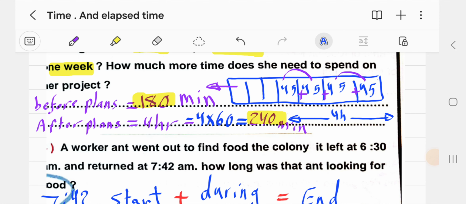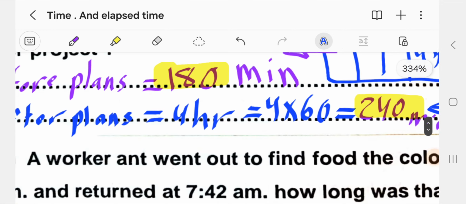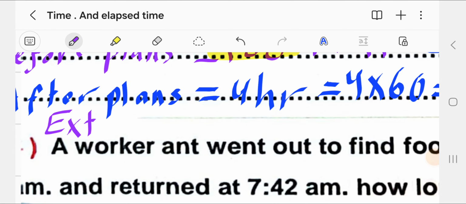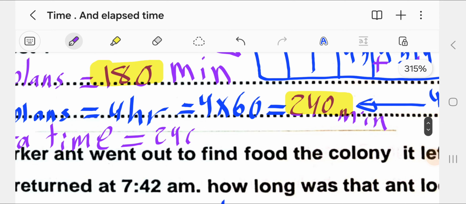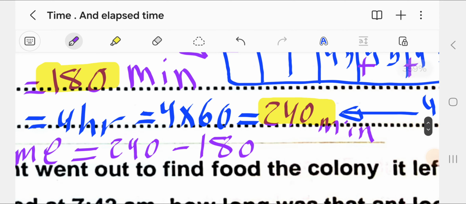How much more time do you think she needs to add to her work? If she was working 100 and wants to work 200, she needs to add how much? 100. We will make it minus. So what about the extra time? The extra time she needs to work becomes 240, take away 180 that she is used to working, and make it the difference. 0 minus 0 is 0, and then 4 minus 8 can't be.